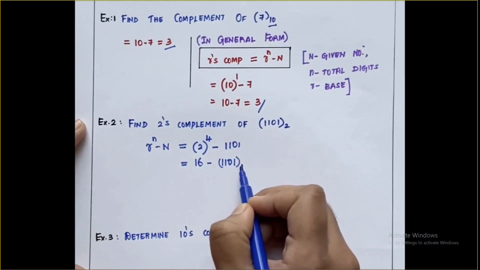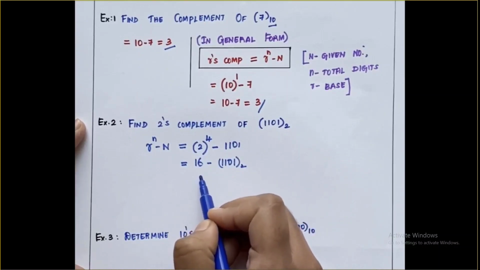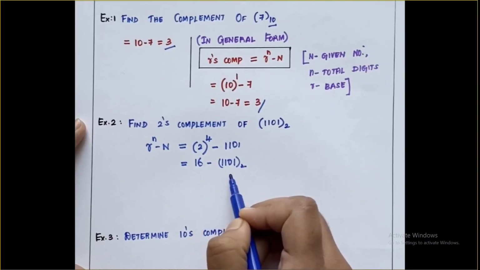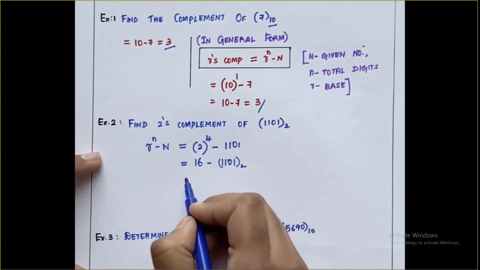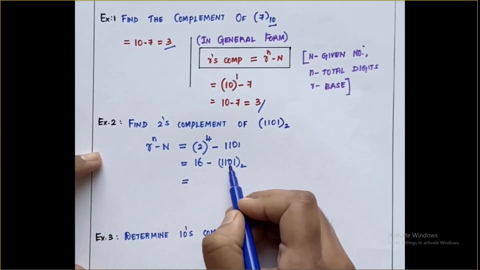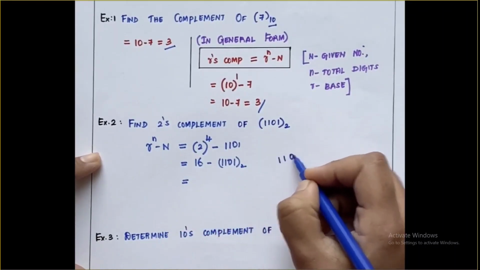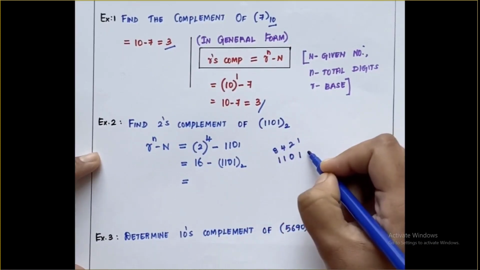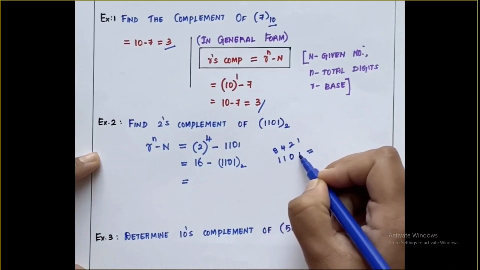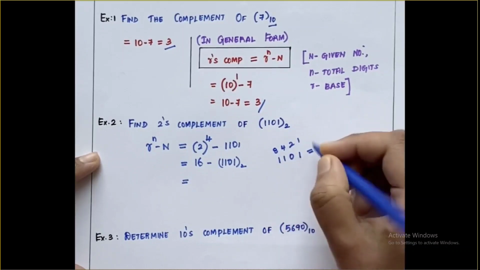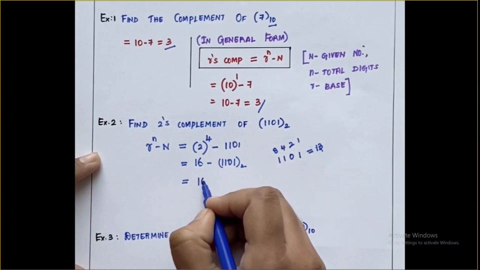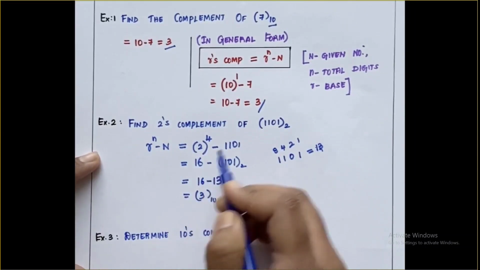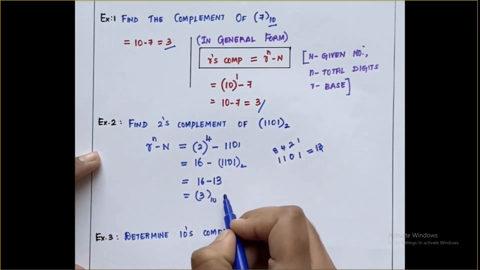Here we have one value in decimal and one value in binary, so we have to convert either decimal to binary or binary to decimal. 1101 can be converted to equivalent decimal using the 8421 technique, which is 8 plus 4 is 12, 12 plus 1 is 13. Now we have 16 minus 13, which is equal to 3 to the base 10. So this is the 2's complement for the given number.